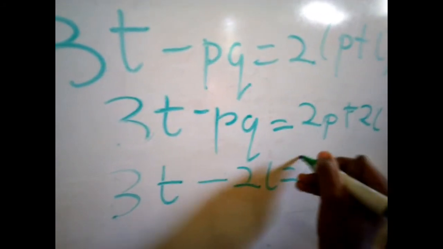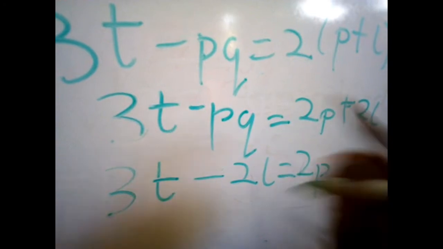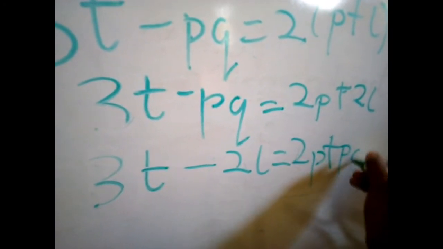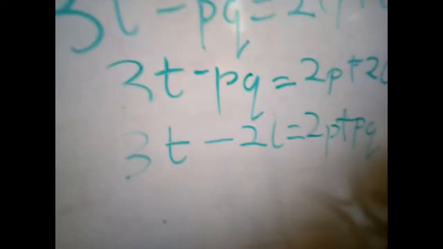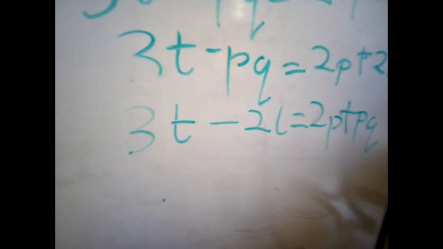So the 2P and then this negative PQ will also cross to be positive PQ. Now when you do it like this, it becomes much easier for you to solve.